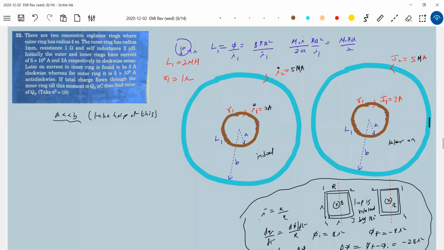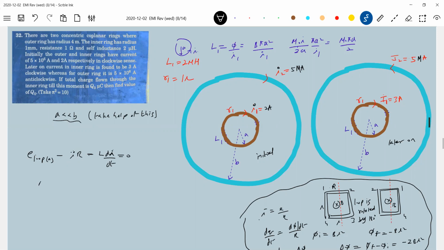So how do I proceed here? The change in flux should be equal to, I'll write here, the EMF induced in the inner loop minus the flow of current I into R, as it has self-inductance L di by dt.